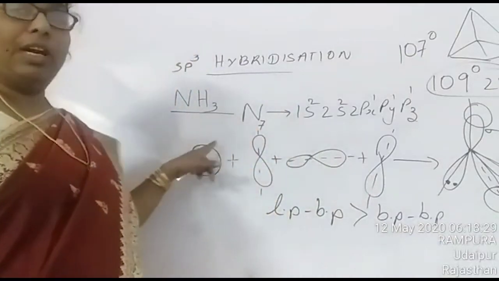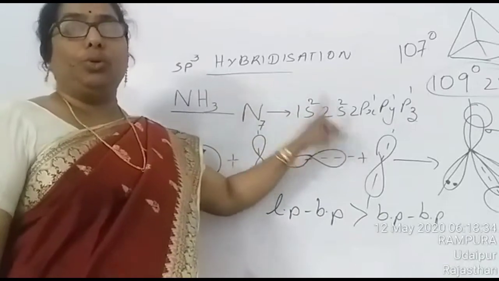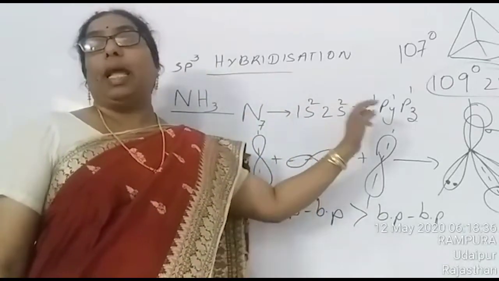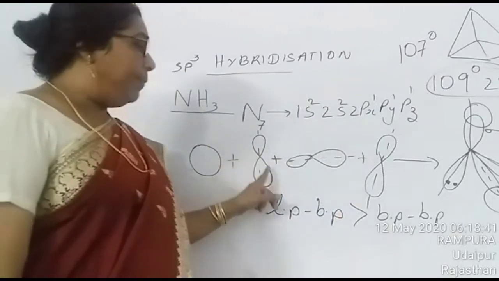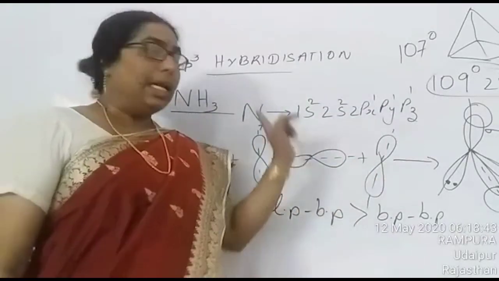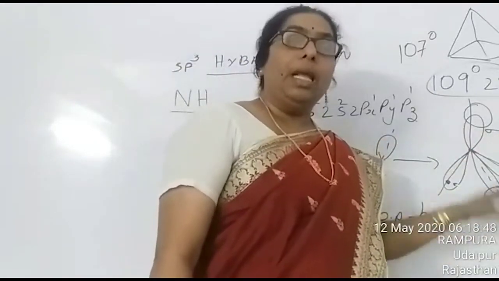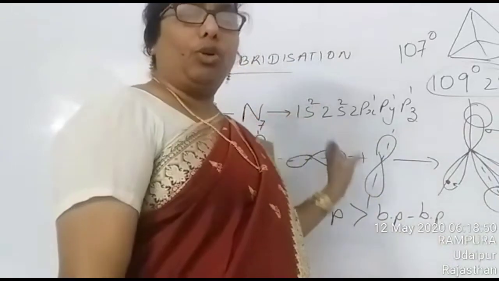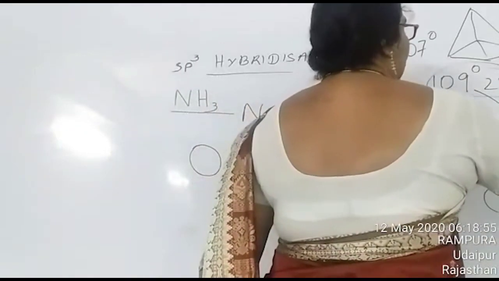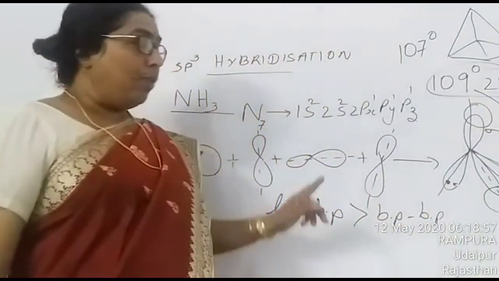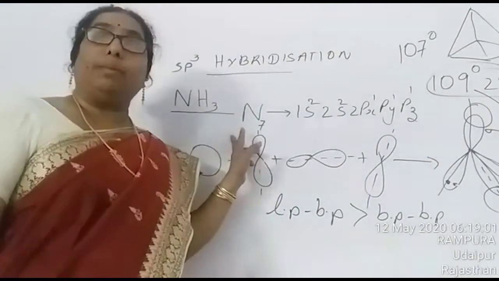Let me explain it once more. The configuration of nitrogen is 1s2, 2s2, 2px1, 2py1 and 2pz1. One s orbital of nitrogen undergoes hybridization with 3 p orbitals and produces 4 sp3 hybrid orbitals. According to the rule, the structure should be tetrahedral with a bond angle of 109 degree 28 minutes. But in ammonia only 3 hydrogen atoms are there.